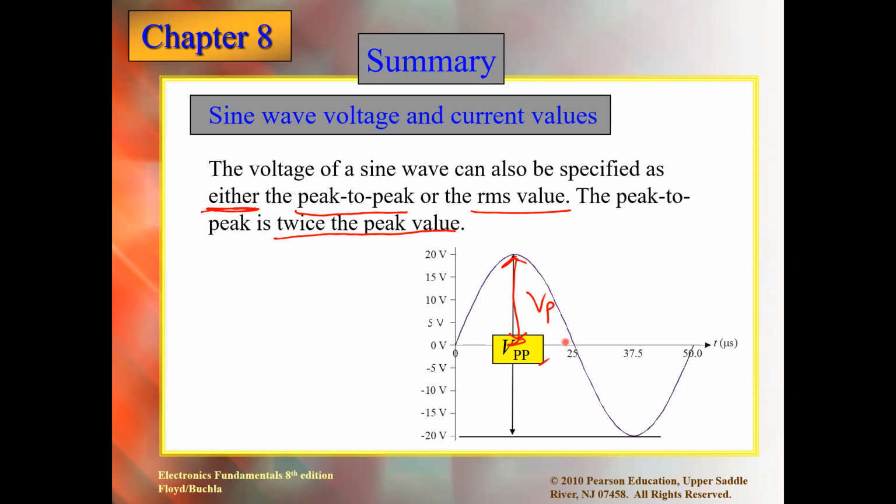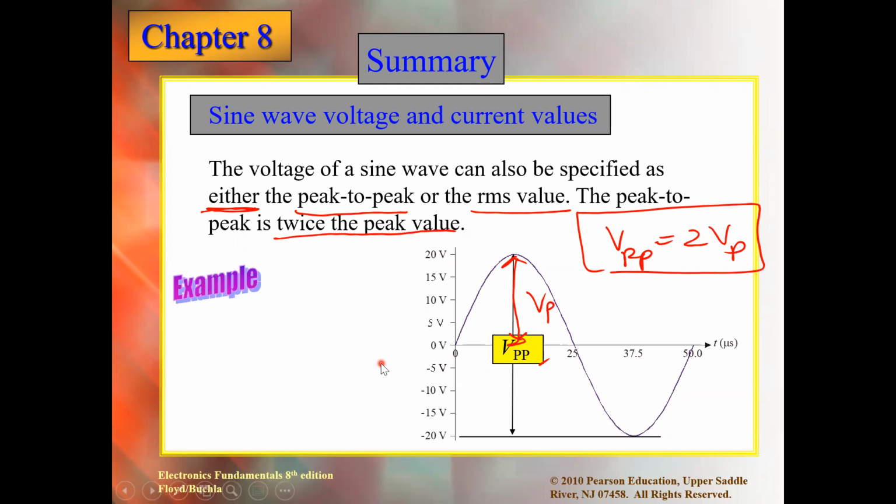VPP is twice VP, a double of it, because it is peak to peak. If I ask you what the peak to peak voltage is, you measure from one peak to another peak, which gives 40 volts. So this is also one term, called peak to peak.